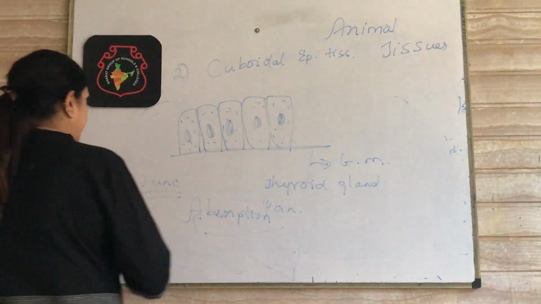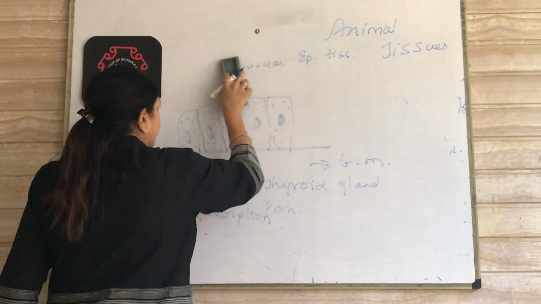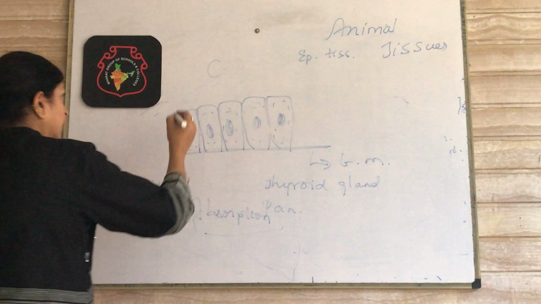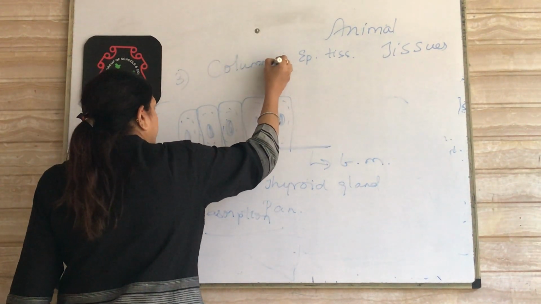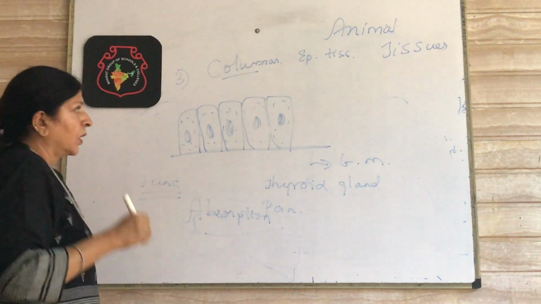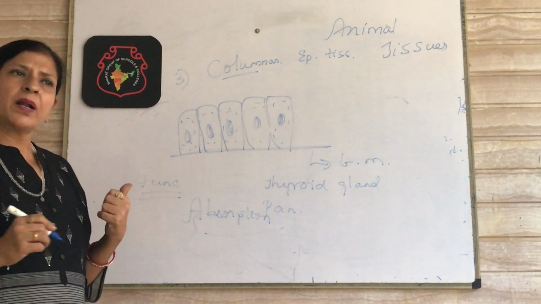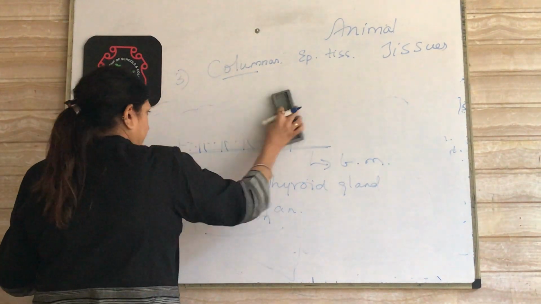The third type of epithelial tissue is columnar. Columnar, I make a few changes here.